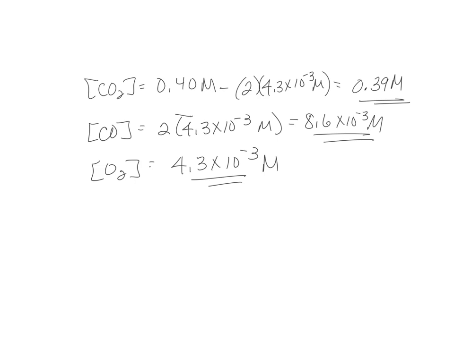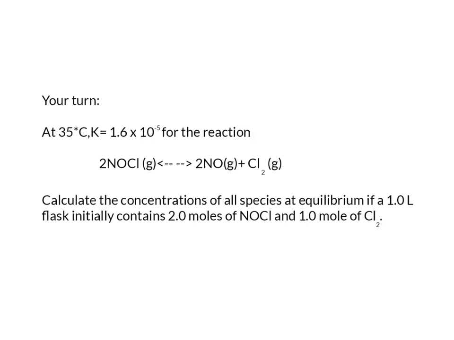So I'm going to give you a problem to do on your own. This next problem is going to have information not only about the reactant, but also a concentration of one of the products. The reaction, just so you don't have to guess, is going to go to the right.